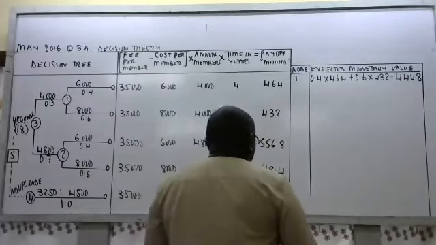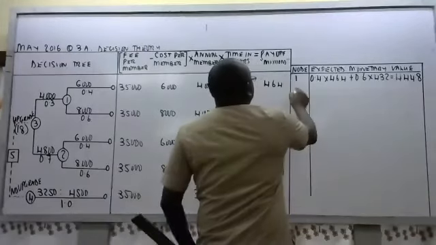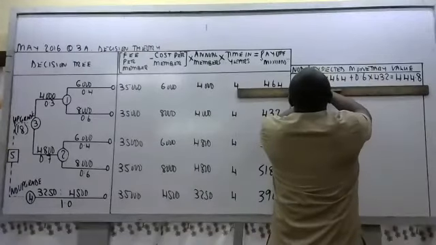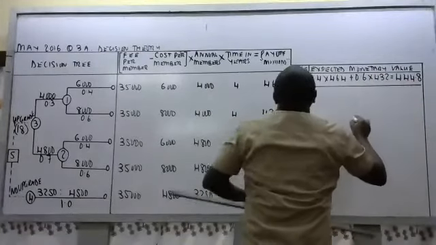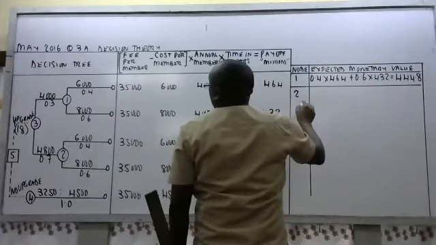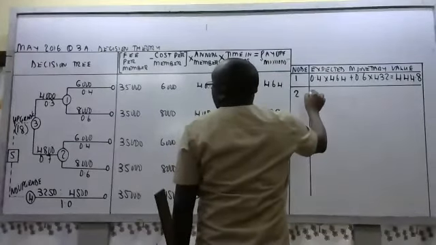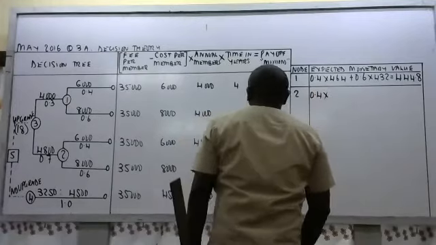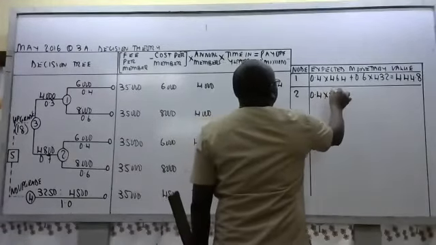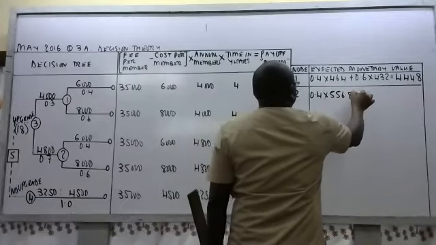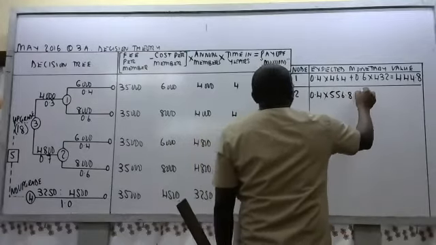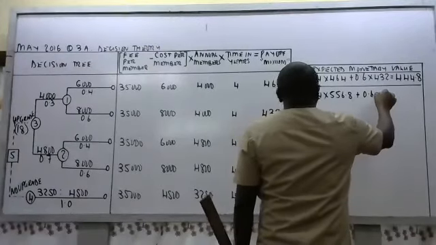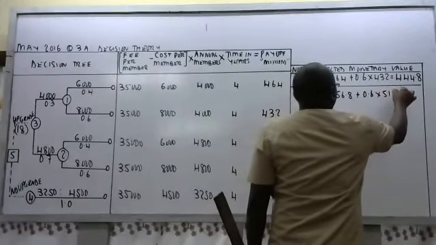Let's go to number 2. Number 2, I will take 0.4 times 556.8 plus 0.6 times 518.4.